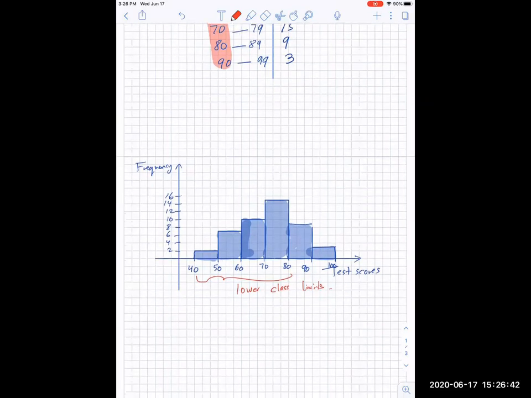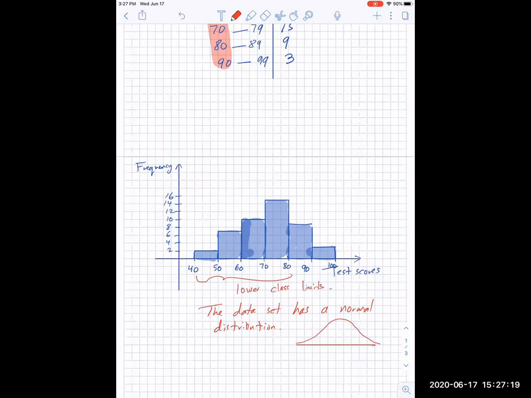So here I'm going to say the data set has a normal distribution. Again, remember, normal distribution means the data is distributed according to this bell curve, right?